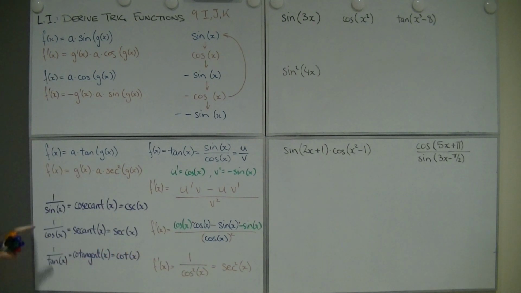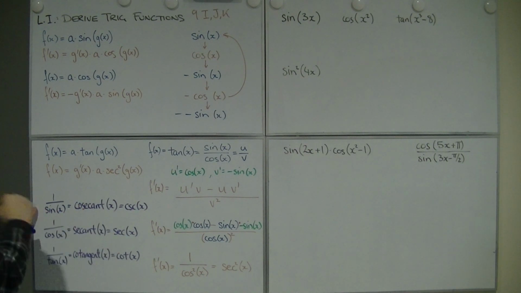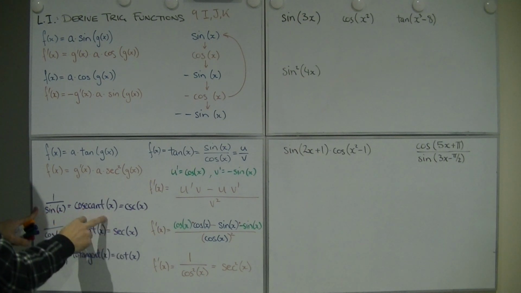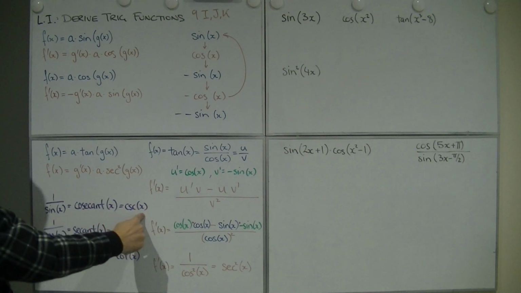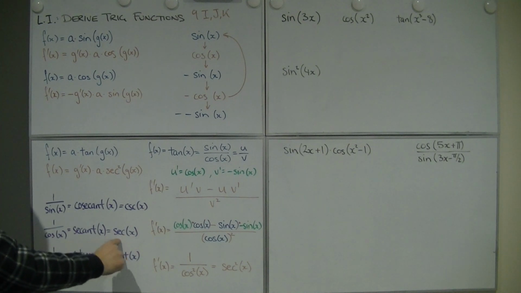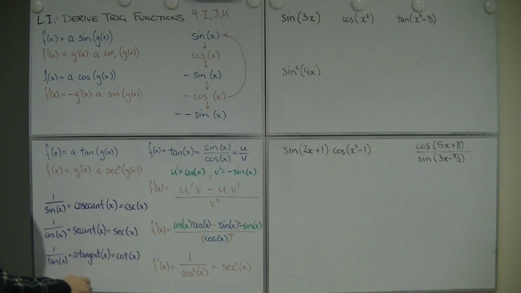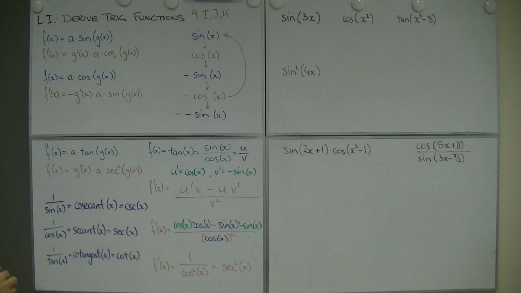If you're not familiar with these already, the reciprocal of sine, I should say, is cosecant of x, which is shortened to CSC of x. 1 over cos is secant, which is shortened to SEC, and 1 over tan is cotangent, which is shortened to COT. So I'll say cosec, sec, and cot, just to say them faster if I have to say them.